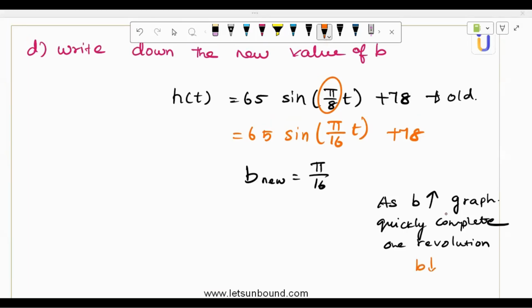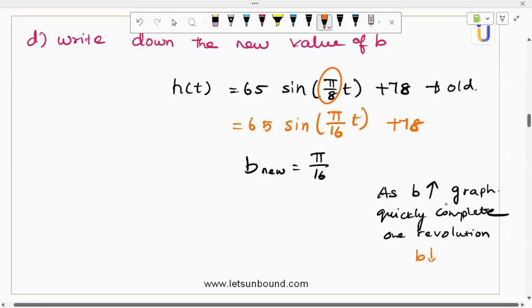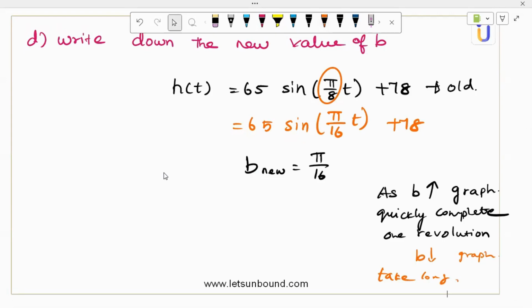So my B is getting reduced, 22.5 divided by 2. So B got reduced. When B decreases, the graph takes a long time, right? So that's simple.